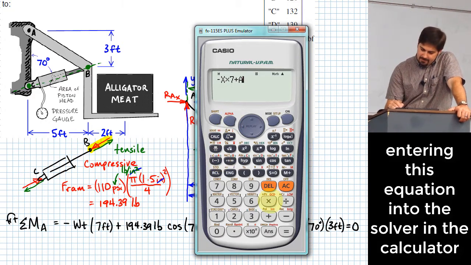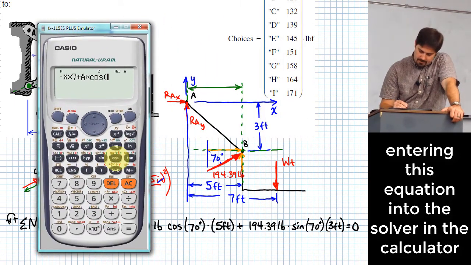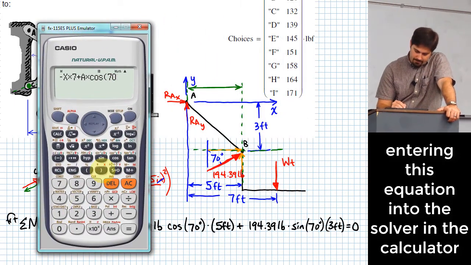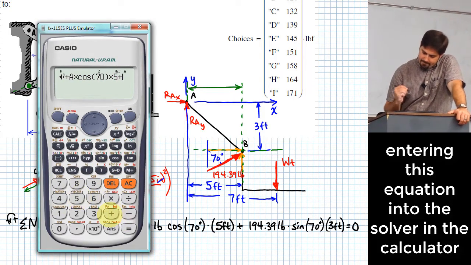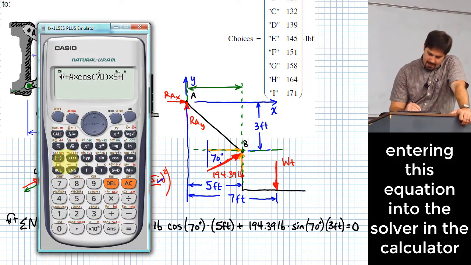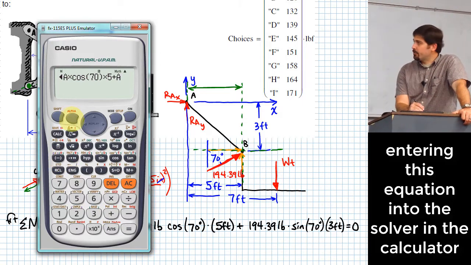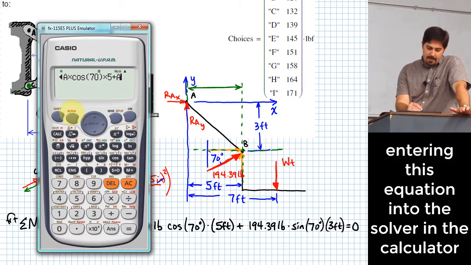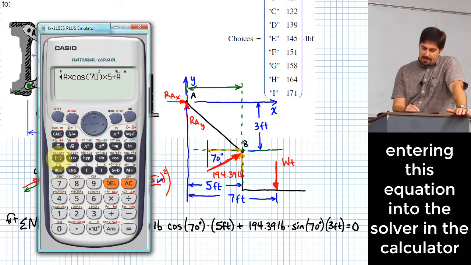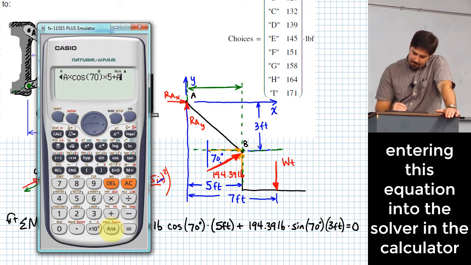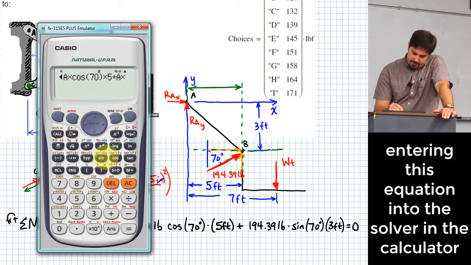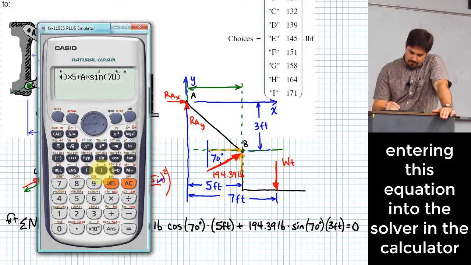A times the cosine of 70 degrees times 5 feet plus what? A. Okay, and to get A, I don't know that I touched on that very specifically, you hit this alpha key, and that actually gives you the ability to put in that variable A, times the sine of 70 degrees times 3.